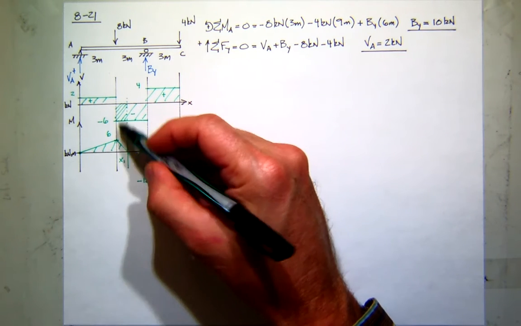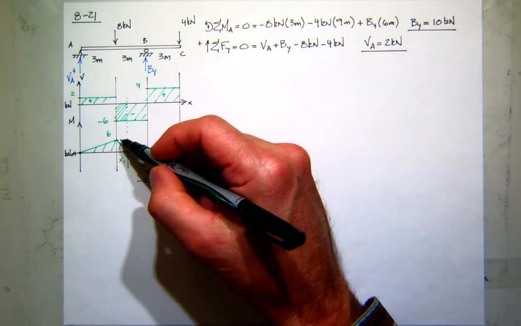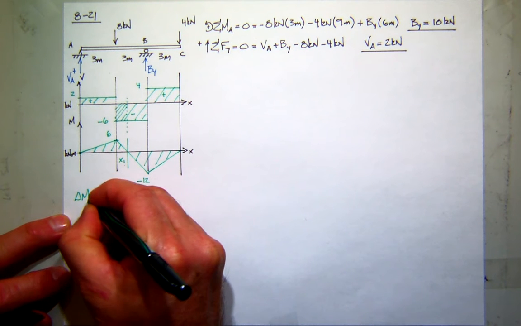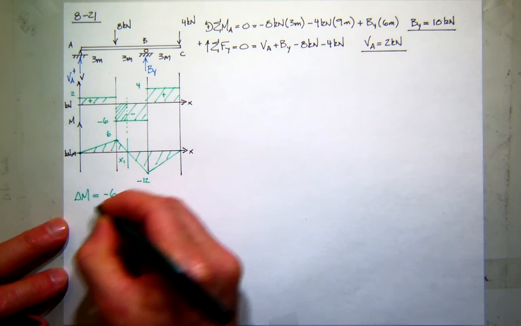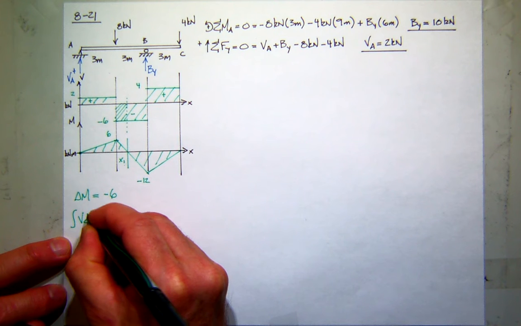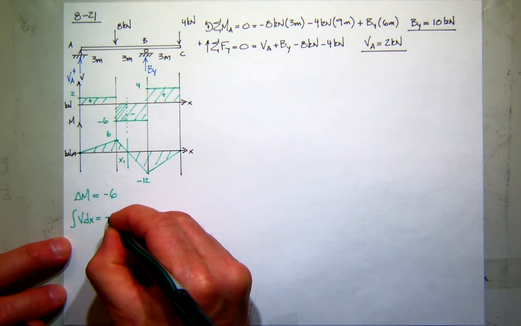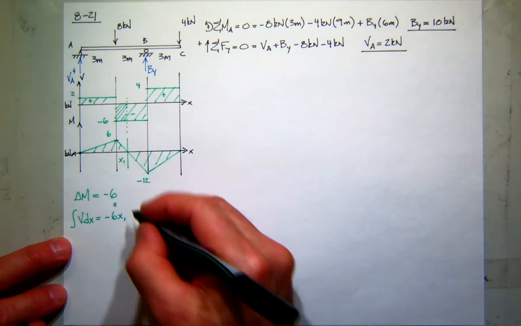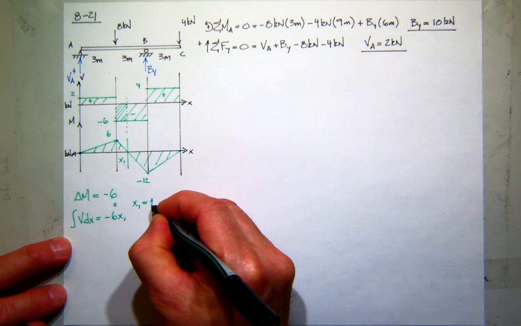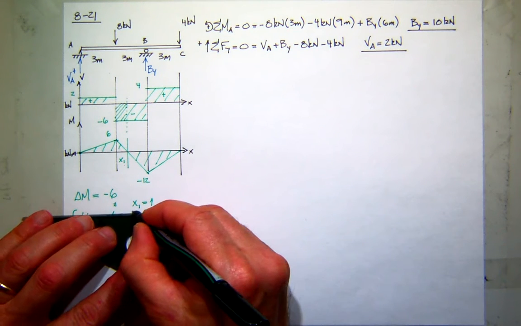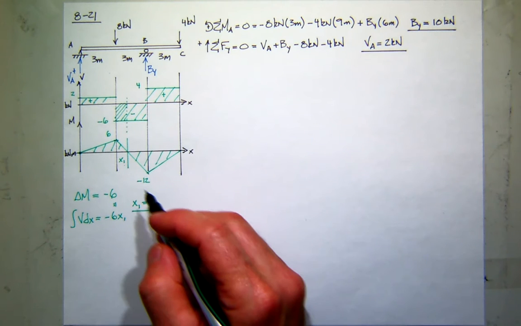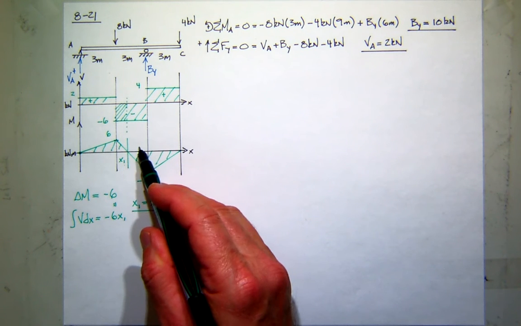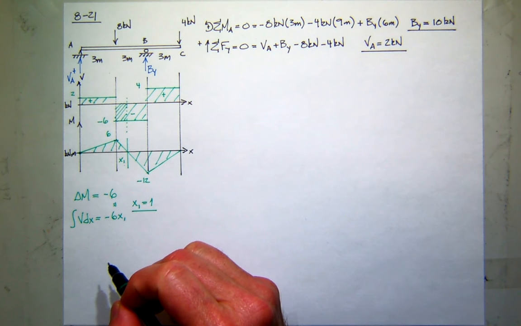And that's minus 6 times x1. And, of course, the change is minus 6. So the change in moment is equal to minus 6. The area under the shear diagram is equal to minus 6x1. And, of course, those two things are equal. So what's x1 equal to? 1. So this section would be 1 meter, this section would be 2 meters. So we have all the distances we need.